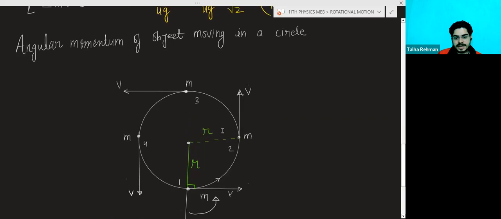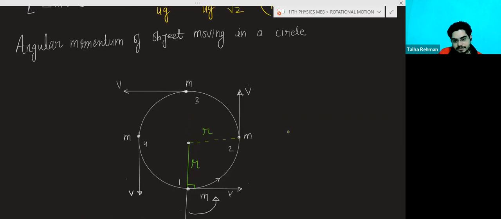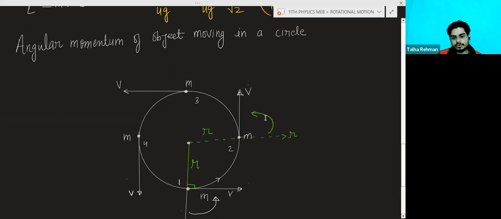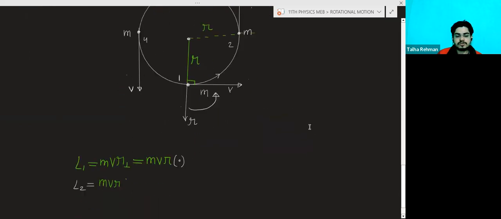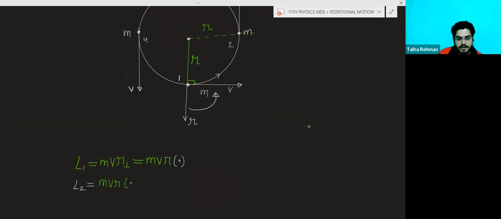Now for the direction, extend r in this direction, and go from r to v. This direction is anti-clockwise, which I told you is considered the outward direction. So here also the direction of the angular momentum will be outward.